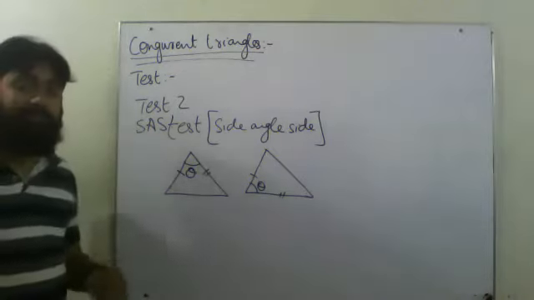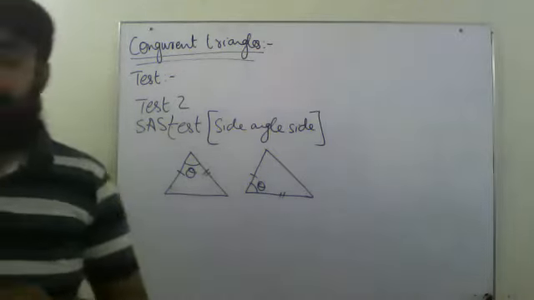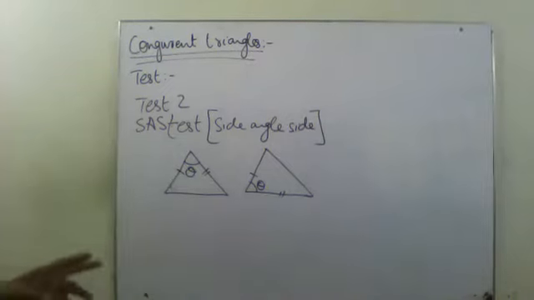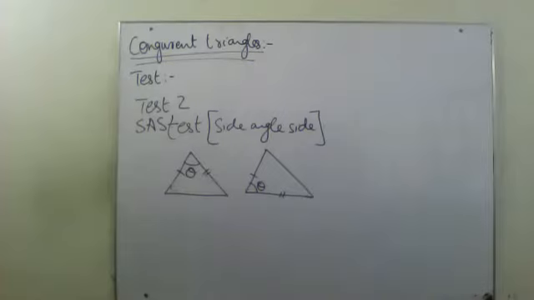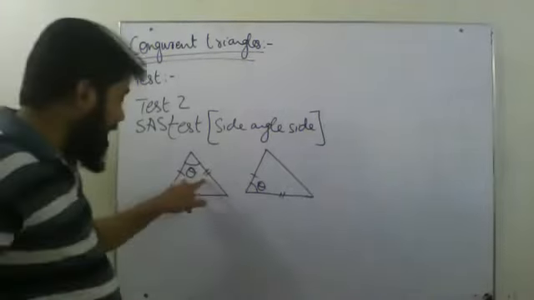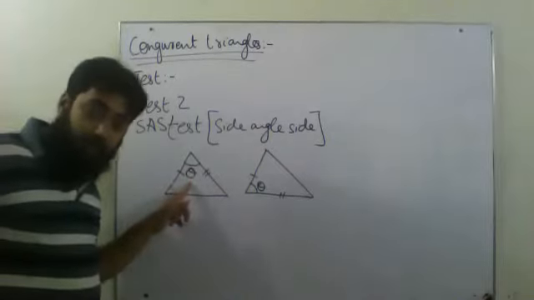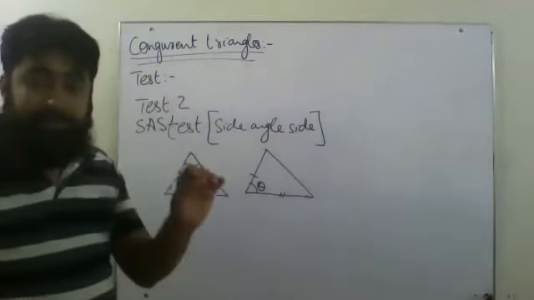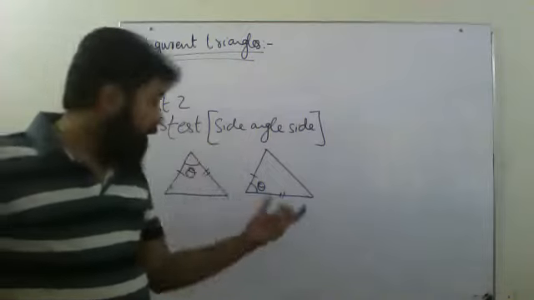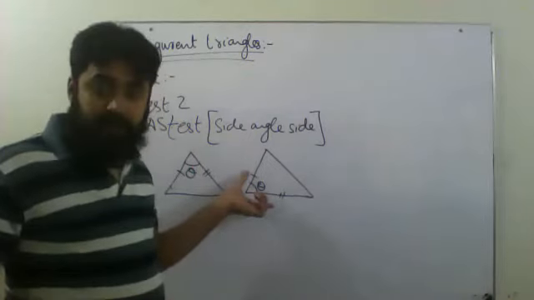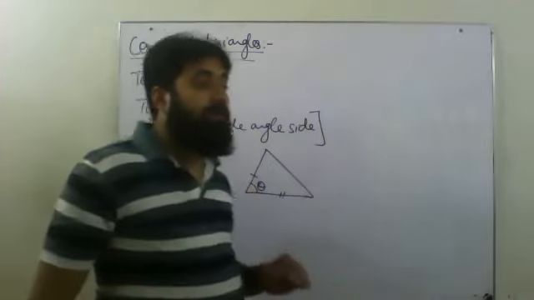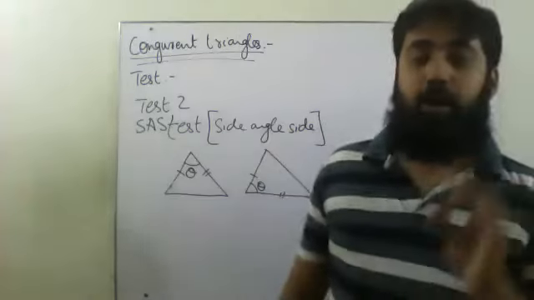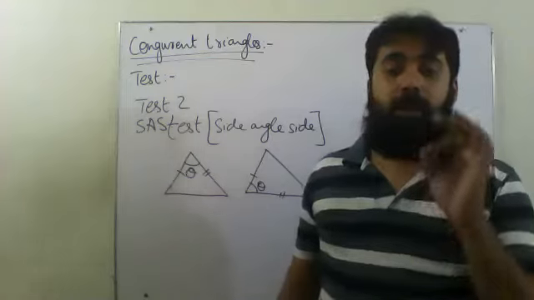SAS test means that if two sides and their inclusive angle are equal to the corresponding two sides and their inclusive angle, then your pair of triangles will be congruent.